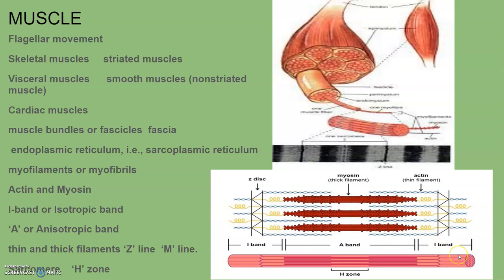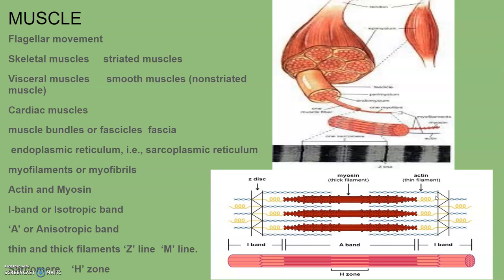You can see here the I band, or it is also called the isotropic band, whereas the dark band or anisotropic band contains myosin. So both the proteins are arranged in a rod-like structure which are parallel to each other, and also to the longitudinal axis of the myofibril. Actin filaments are thinner as compared to the myosin filaments, so they are commonly called thin and thick filaments.